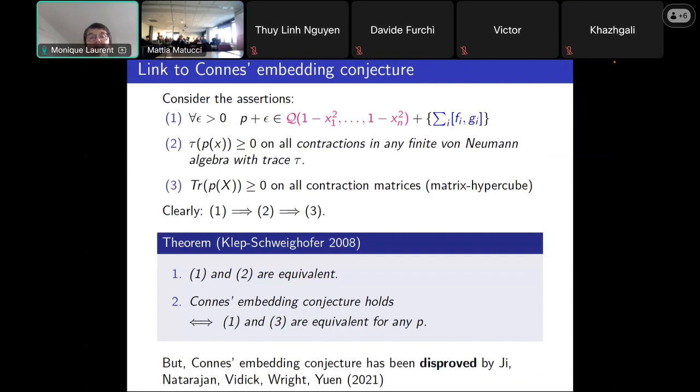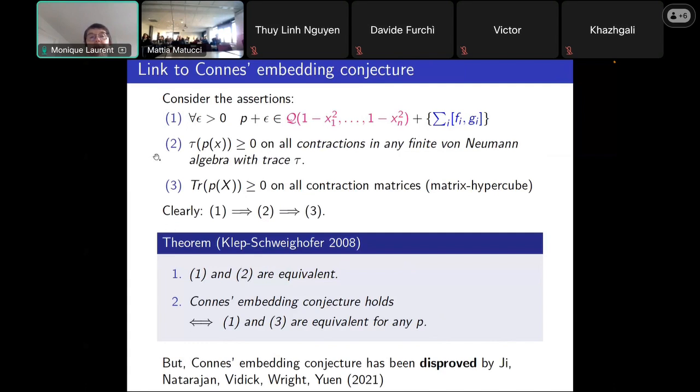There is a link between the tracial polynomial optimization problem and Connes' embedding conjecture, which was shown by Klep and Schweighofer.